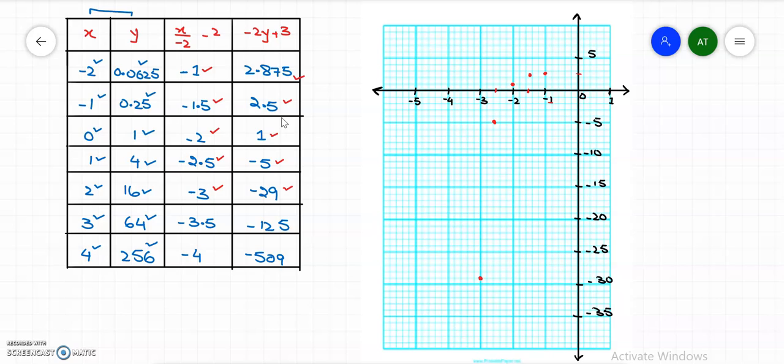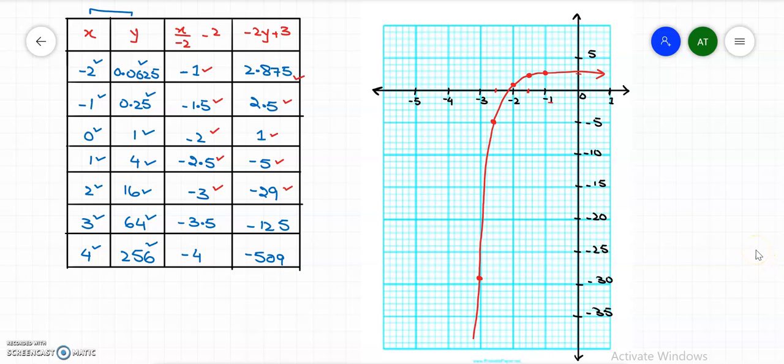And the rest of the values, negative 1.125 and negative 509, I skip the last two points. Let's connect all of them to get the graph of the exponential function. After connecting all the points, we have got the graph of the exponential function.